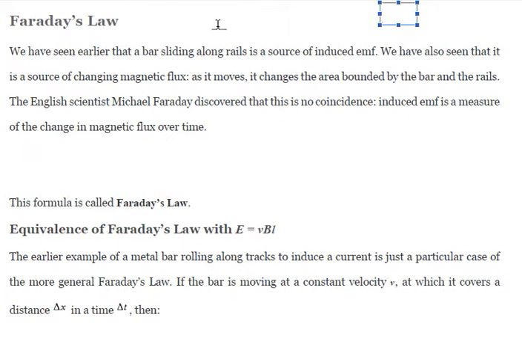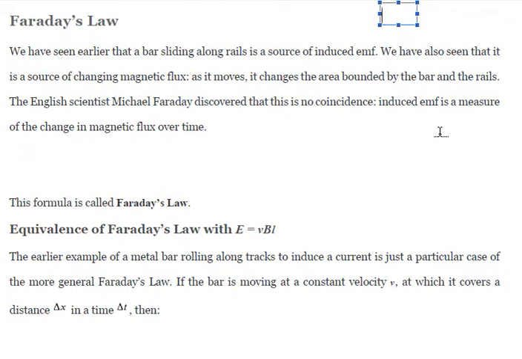So as we move the bar, we're changing the amount of area in the shape that's bounded by the bar and the rails. So depending on how we slide it, we could make that rectangular area either bigger or smaller. So the scientist Michael Faraday actually discovered that the two things don't really exist independently.